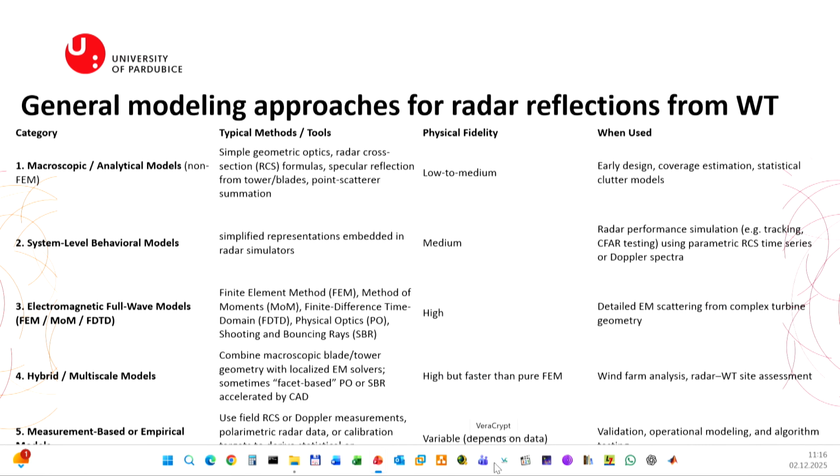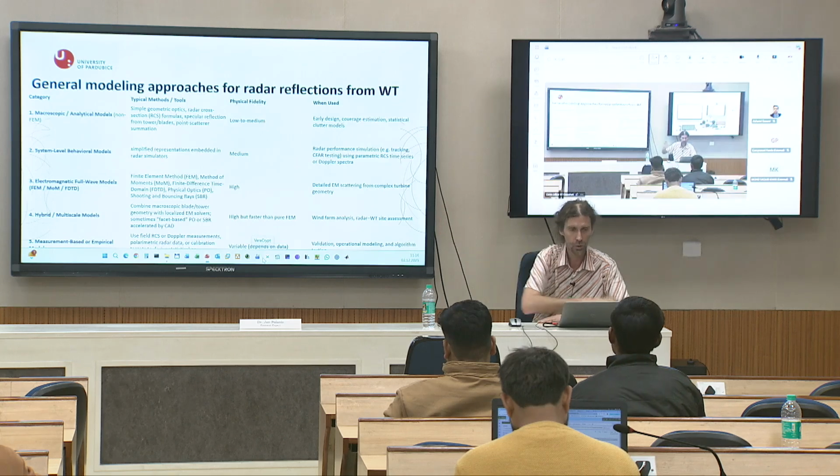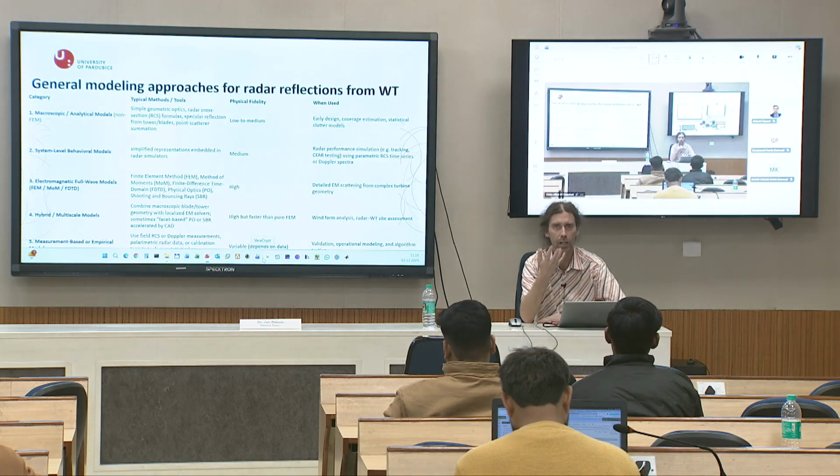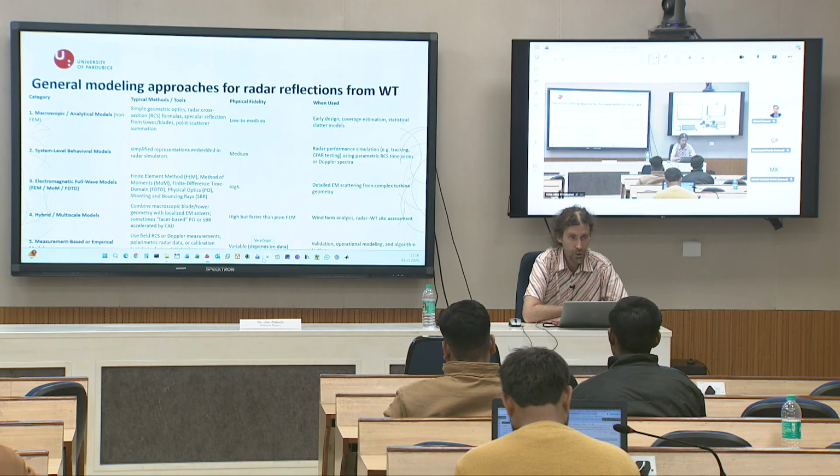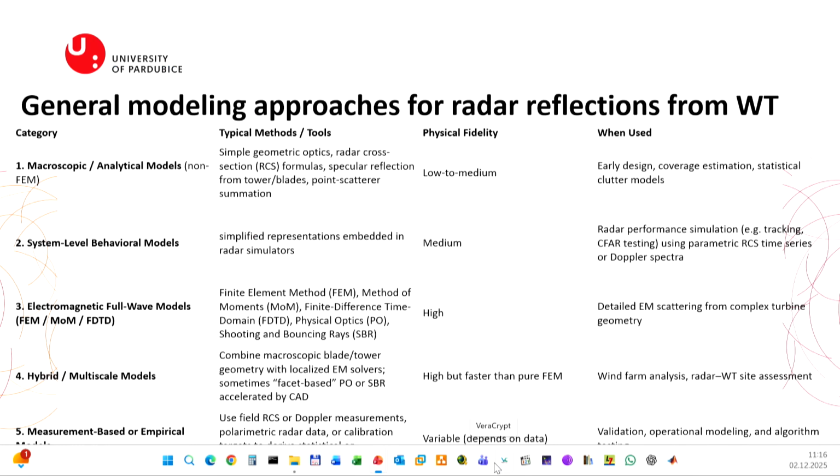There are several categories of modeling approaches. This is not related specifically to wind turbines; it is a general approach. First we have the macroscopic view and analytical model. It is non-FEM, classic, and it uses simple geometric optics, radar cross-section formulas, and specular reflection from tower and blades, and it is exactly what we are using.